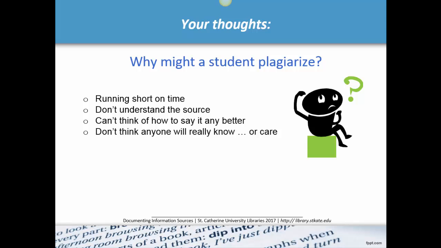If you think you can't paraphrase some information in your own words, it's best to quote and be sure to cite the source. Finally, it's possible a student doesn't think anyone will know or care about a small incident of plagiarism. But the truth is, as I've said earlier, plagiarism is cheating, and no one wants that.